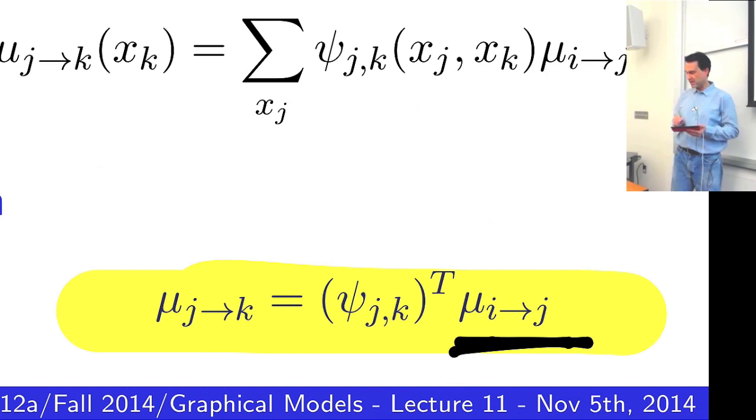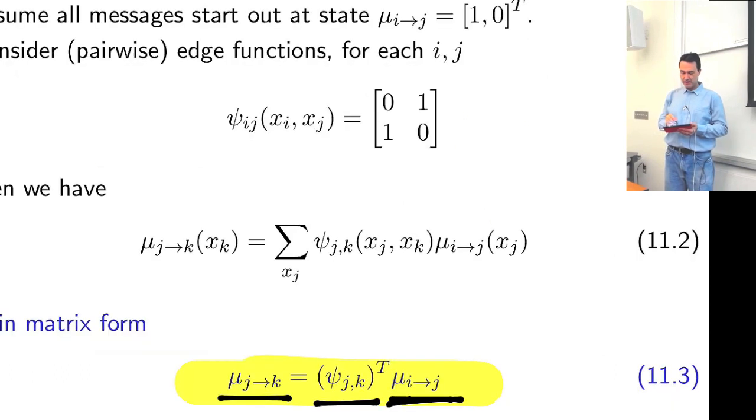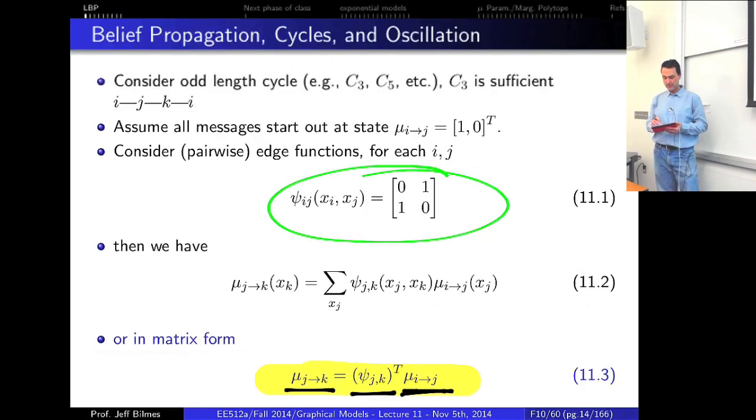We start with message ij, we hit it with this matrix, and we get the message for jk. And that's the new message, and then we just keep going around the cycle. And we keep hitting it with this matrix multiply again, where the matrix corresponds to this thing here. Any questions?